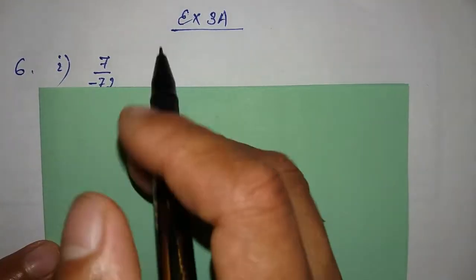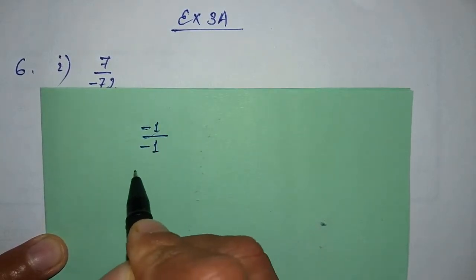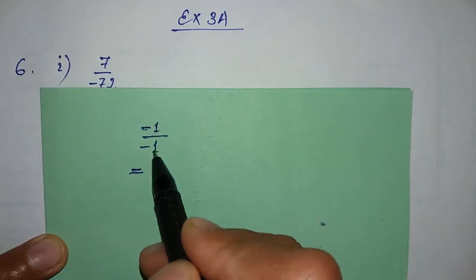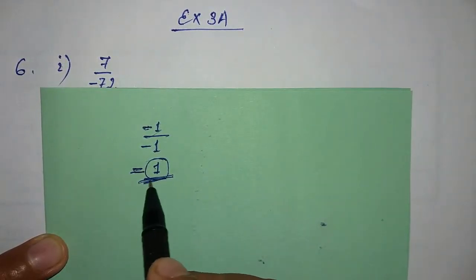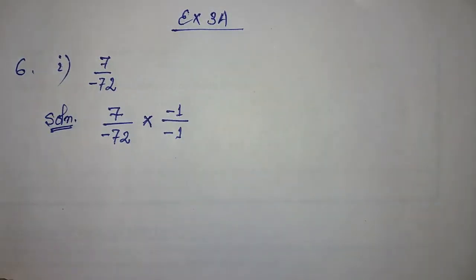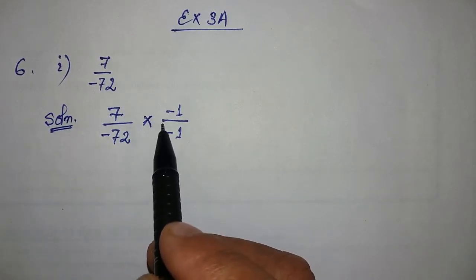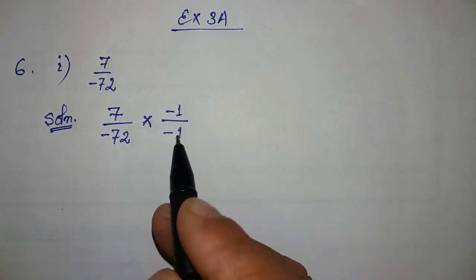So I will show you here. Minus 1 by minus 1 is 1. How 1? Minus minus is plus, 1 by 1 is 1. A number multiplied by 1 is the number itself, so it does not affect the number. The only point you have to remember here is you have to multiply by minus 1 by minus 1.